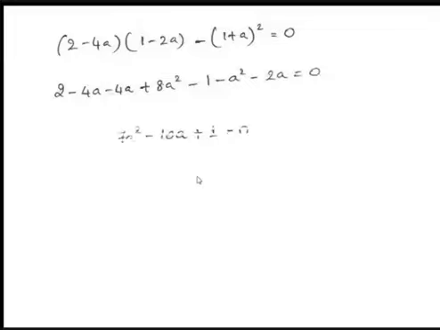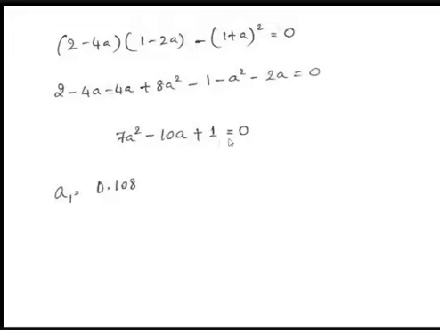Now simplify this. So 8 minus 1, that is 7a square, minus 4a minus 4a, that is minus 8a minus 2a. So that becomes minus 10a, then 2 minus 1, that is 1. So is equal to 0. Now I have the equation 7a square minus 10a plus 1 is equal to 0.